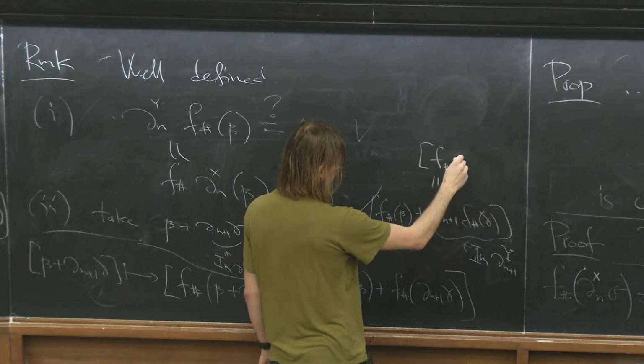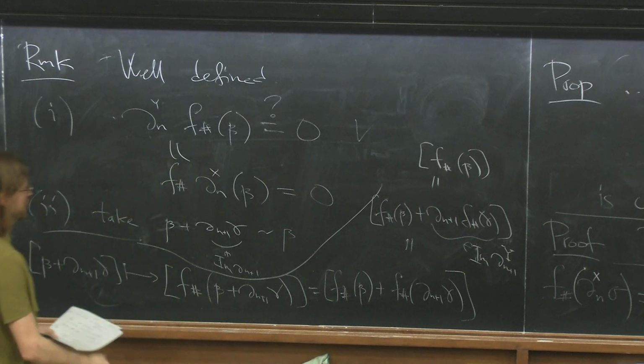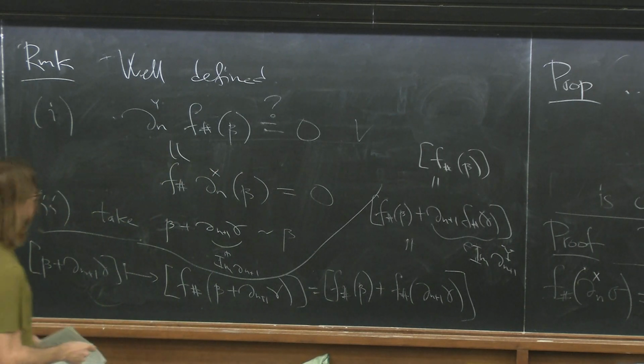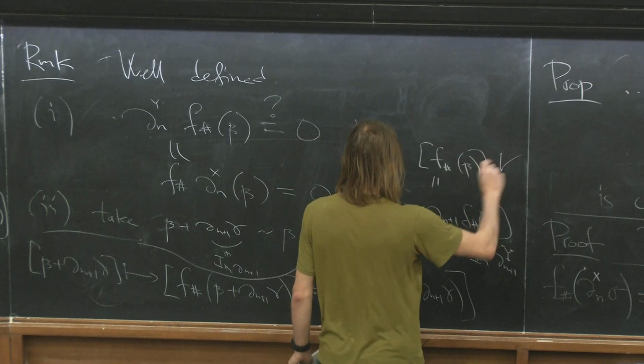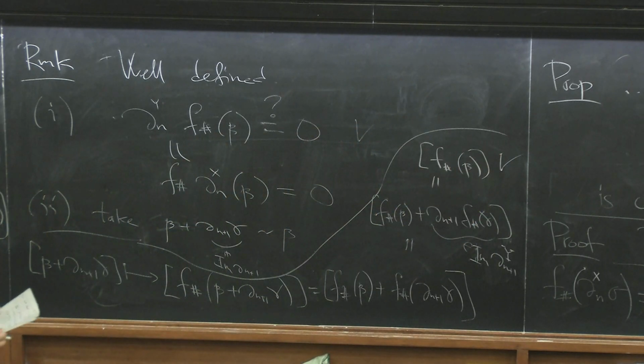Factor out such elements, and we get the class of just F sharp of beta. So this means that indeed the map is well defined.